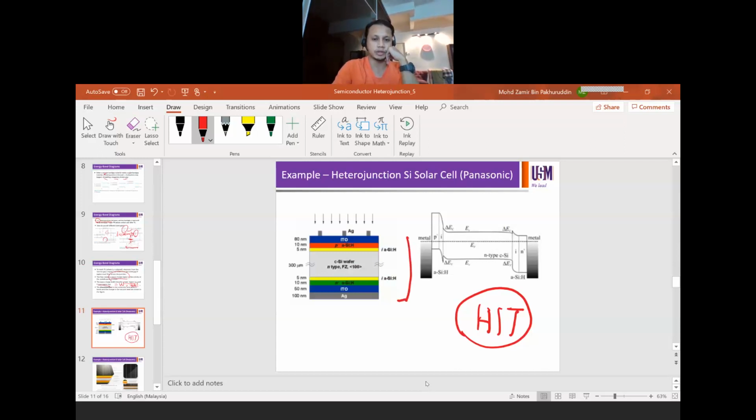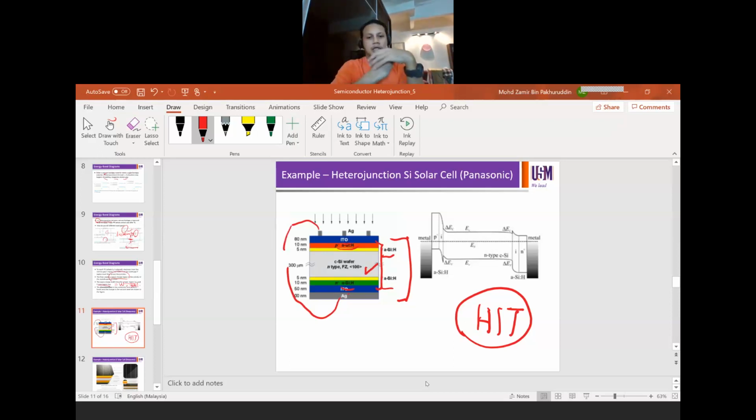We have monocrystalline silicon in the center, and then intrinsic amorphous silicon in between, a sandwich concept. Then we have P and N amorphous layers sandwiching, then ITO, TCO on both sides, sandwiched as well. And then we have silver contact on the front side and the rear side.